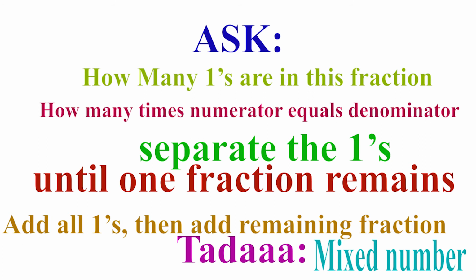Let's take the example we had in the thumbnail. We were given the improper fraction 7/5. So now we have to ask ourselves how many ones there are. Now let's take a look at this diagram and let's start adding segments to it. This is 1/5, 2/5, 3/5, 4/5, 5/5. So we know when numerator and denominator are the same, that equals 1.